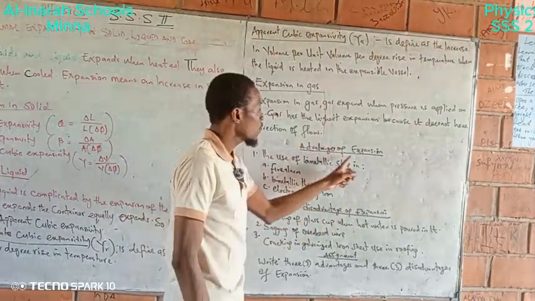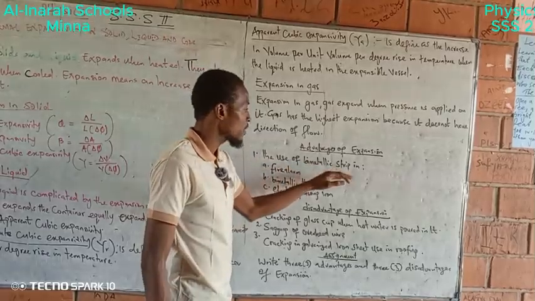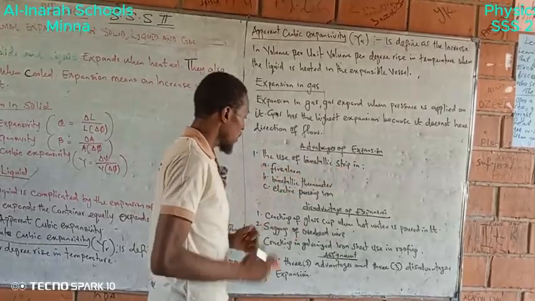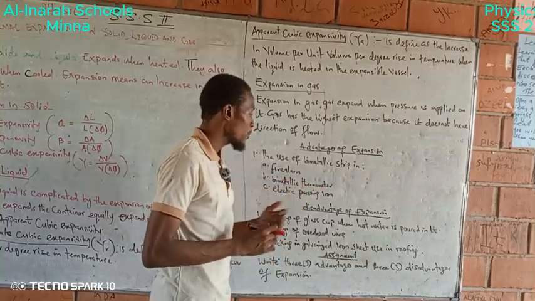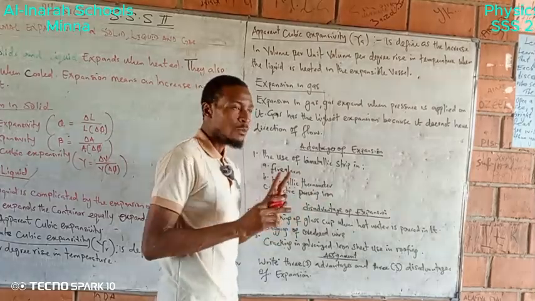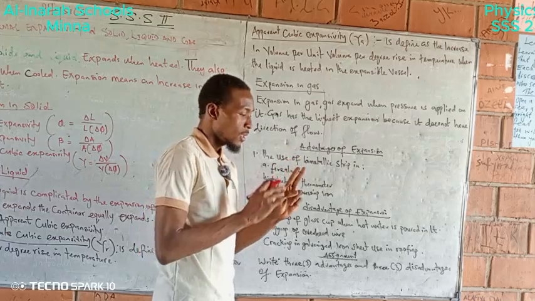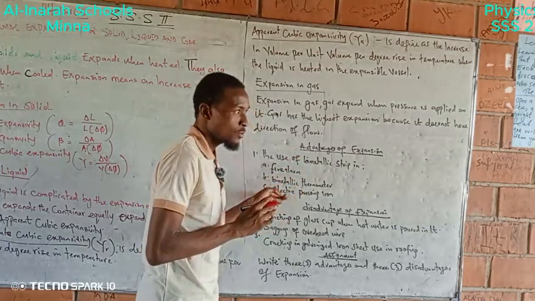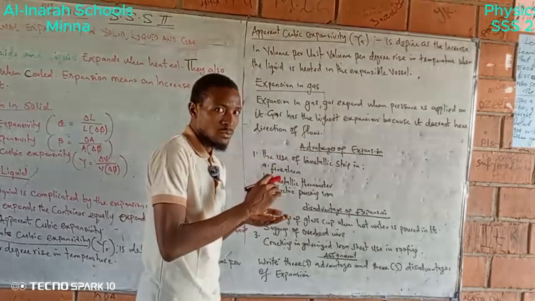We have advantages of expansion. Number one, use of the bimetallic strip in: A, fire alarm; B, bimetallic thermometer; C, electric pressing iron. Bimetallic means two metals that enable us to control our pressing iron.